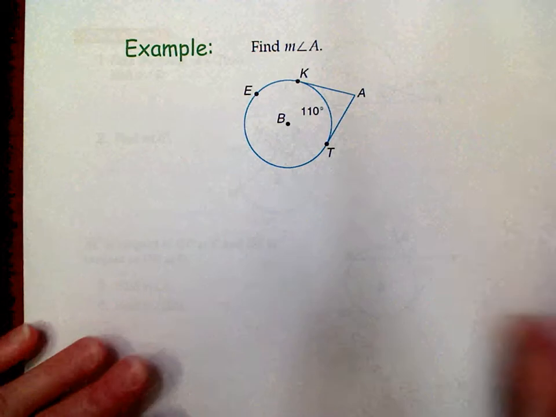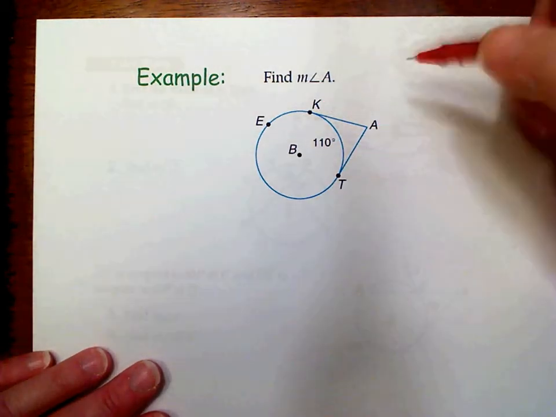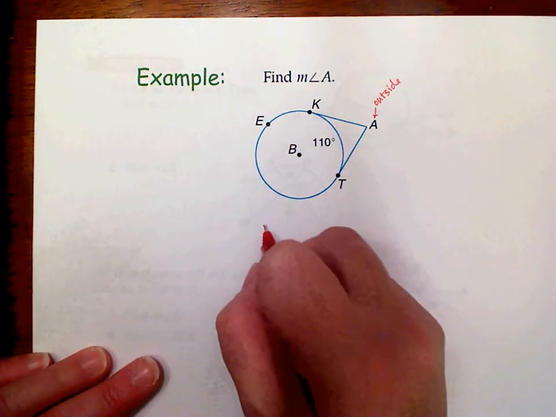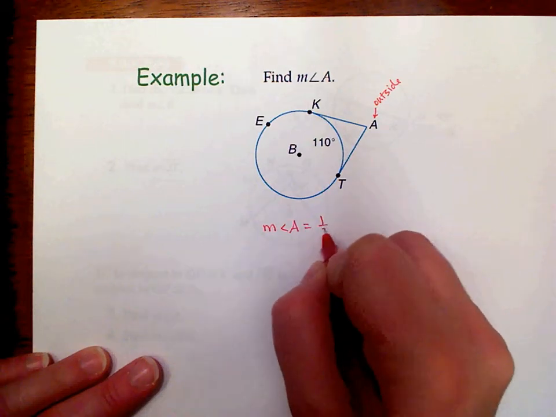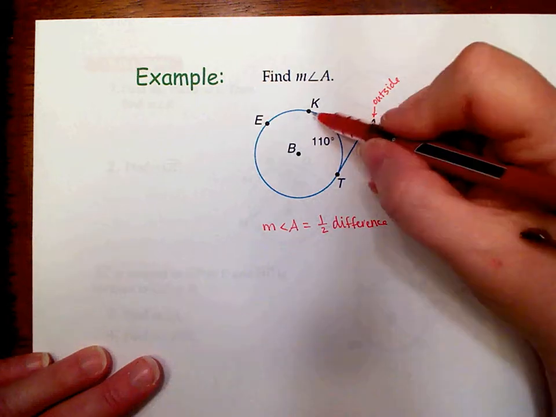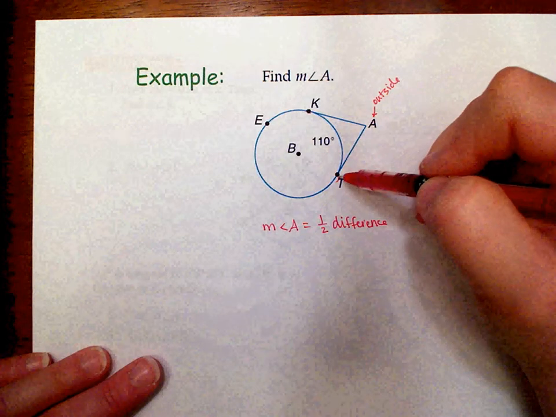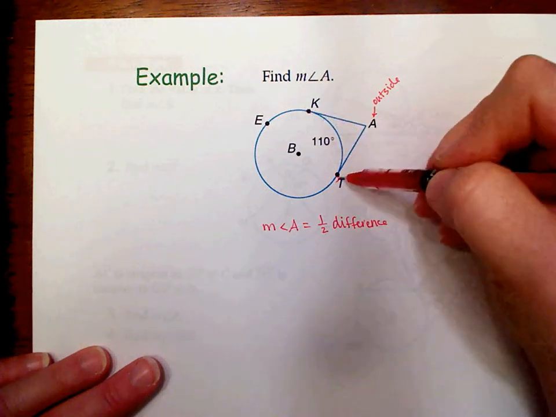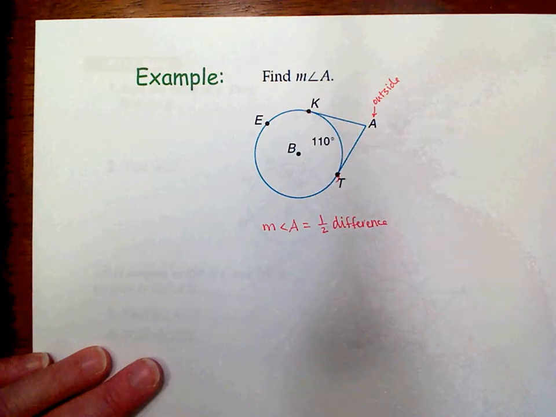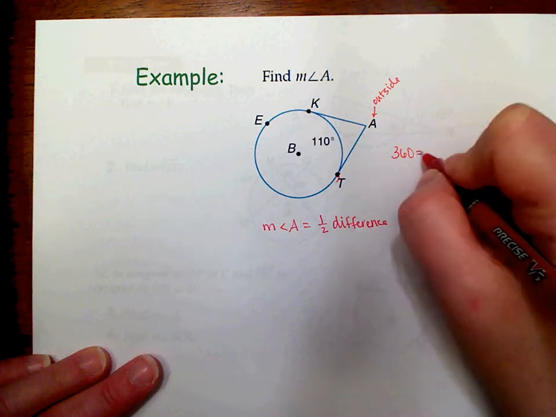We have two tangents intersecting at a point outside the circle, and so we know that the measure of angle A is 1/2 the difference of the two arcs. Again, the two arcs only involve points K and T. One of them is K to T, the major arcway, and one is K to T, the minor arcway. We're only given the minor arc, but I can find the major arc since they make up the full circle together, by taking 360, the full circle, minus the minor arc, which is 110.